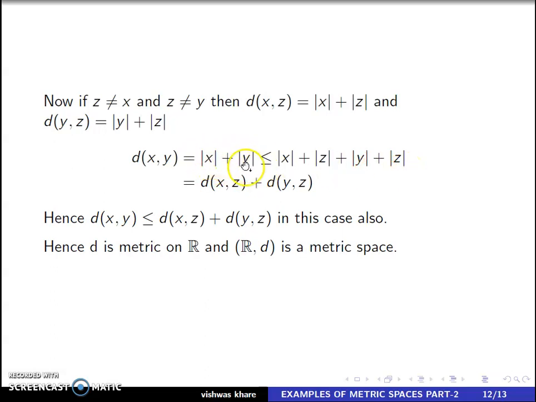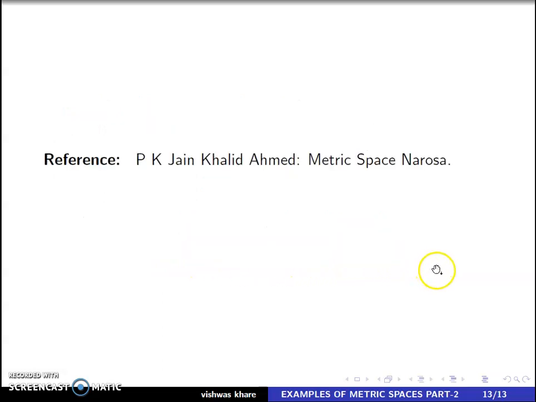Which means this expression is less than or equal to this expression, because mod z are non-negative quantities. But by definition, mod x plus mod z becomes d(x,z) and this becomes d(y,z). So ultimately we got d(x,y) is less than or equal to d(x,z) plus d(y,z) in this case also. Hence d is a metric on R and (R, d) is a metric space.